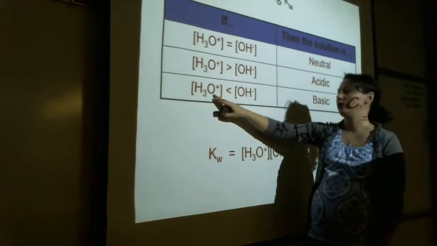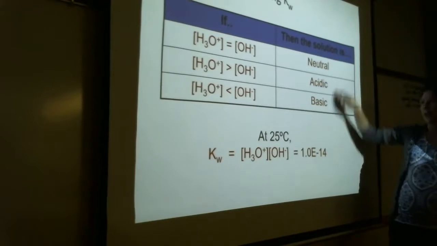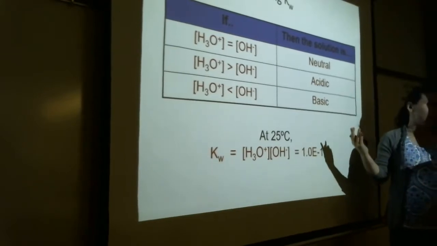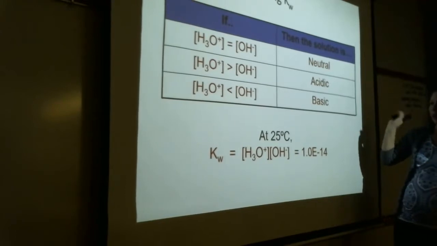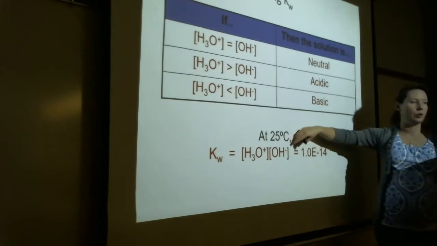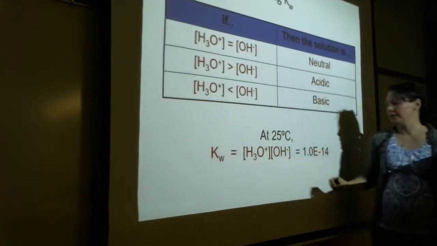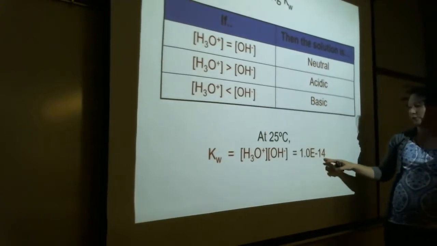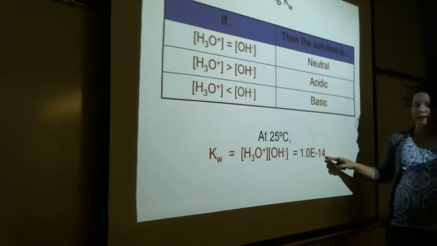And if hydronium is less than hydroxide, we say that it is basic. And this table is on the course website. Okay, this exact table, it's in the notes that are posted online, so you don't need to write every word of it down. At 25 degrees Celsius, which we consider room temperature, KW is equal to 1 times 10 to the negative 14th. The value of KW at room temperature is 1 times 10 to the negative 14th.